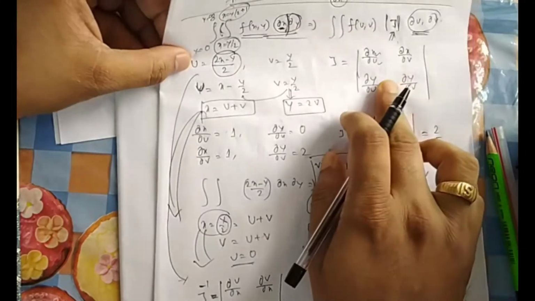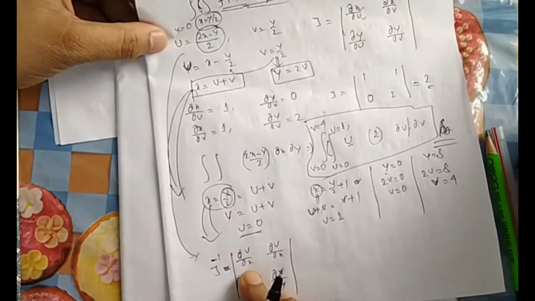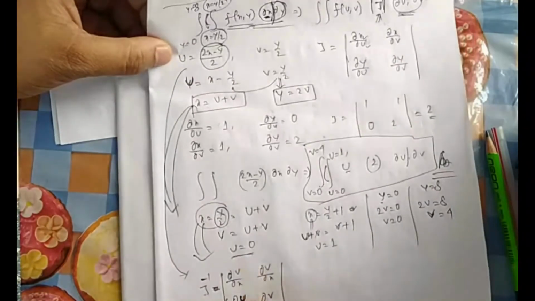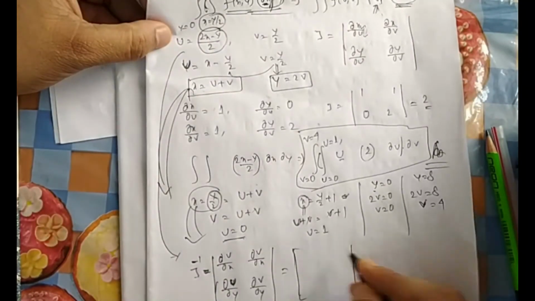Don't get confused, this is the original Jacobian. This is the inverse also you can take. Del u del x, you can take del x del u, del x del v, del y del u, del y del v. You can just take the reverse of this one. You can take the inverse of this one, that will also give you the same answer.